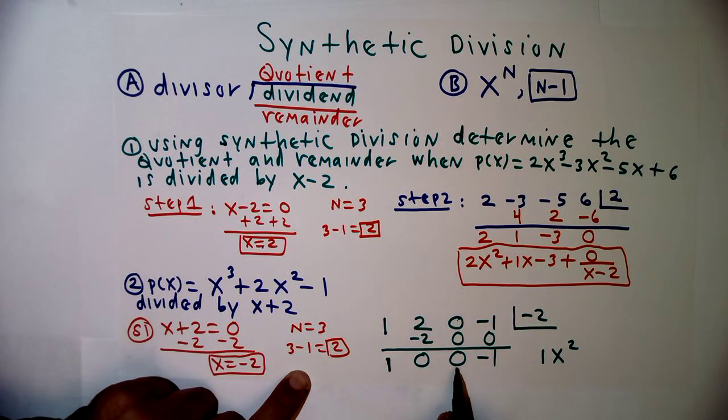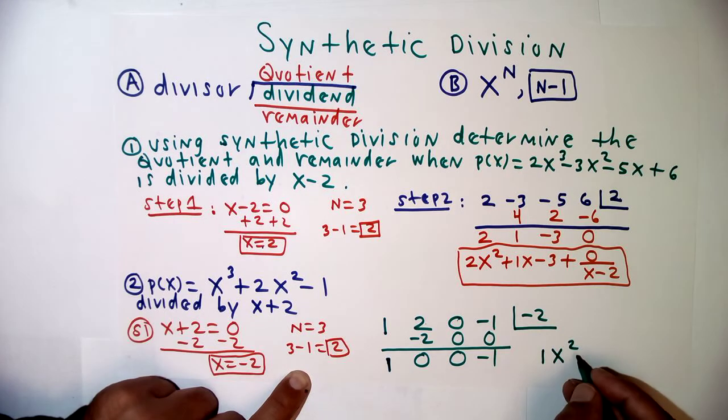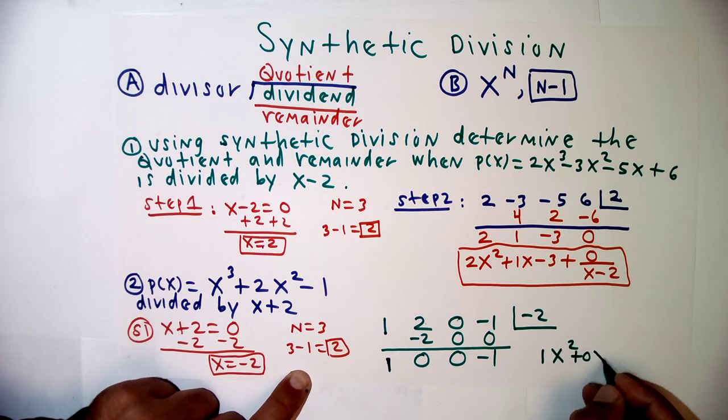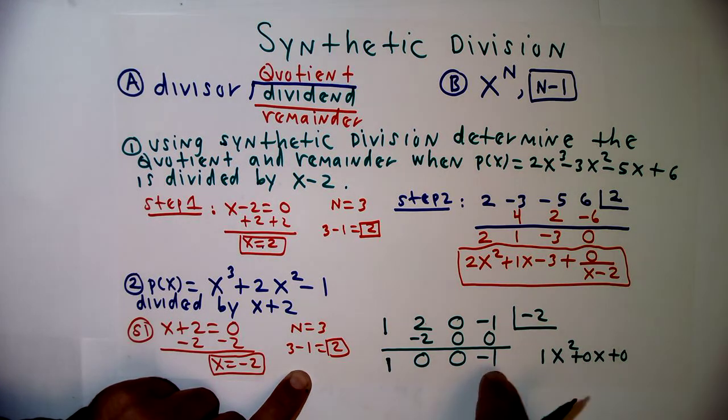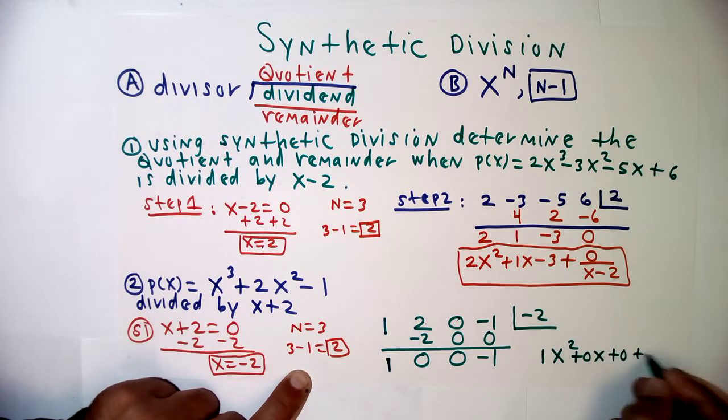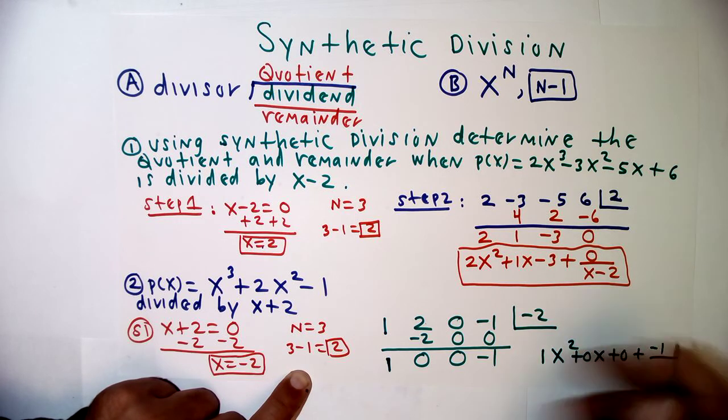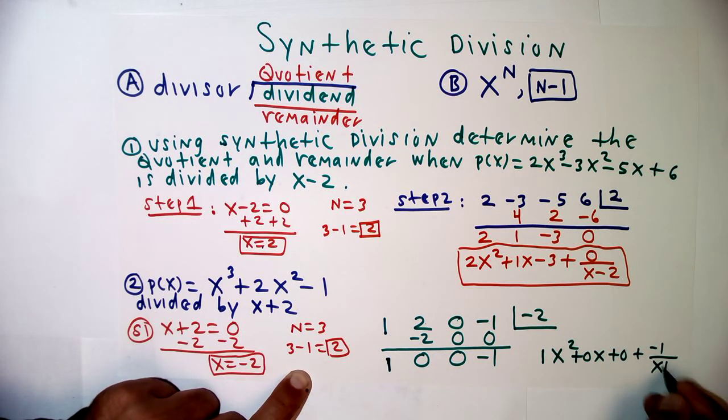That constant here is also going to be 0. So technically, this is my only quotient that I got here. But again, if you want to write it down, you're not going to get in trouble. You can just say plus 0x plus 0. And now what is the remainder here? Negative 1 over the divisor, which is x plus 2.